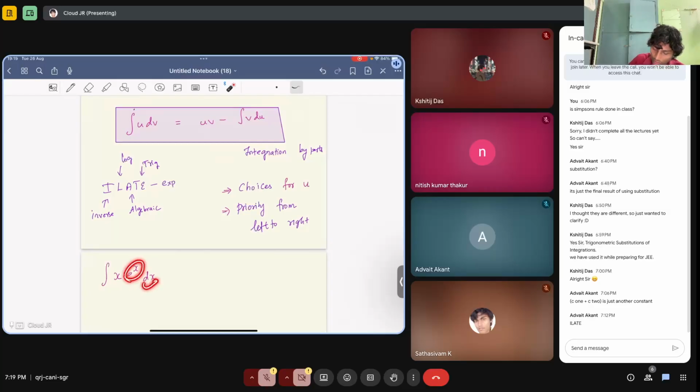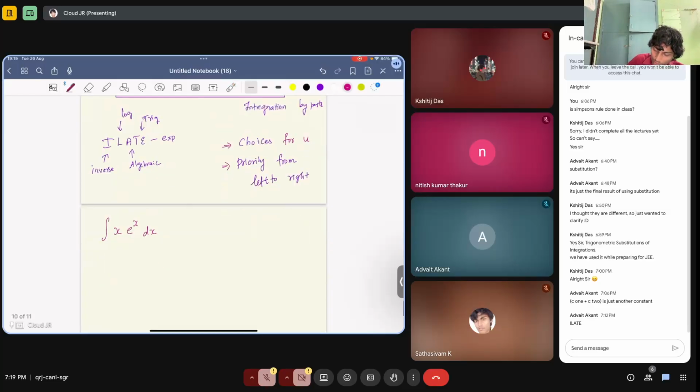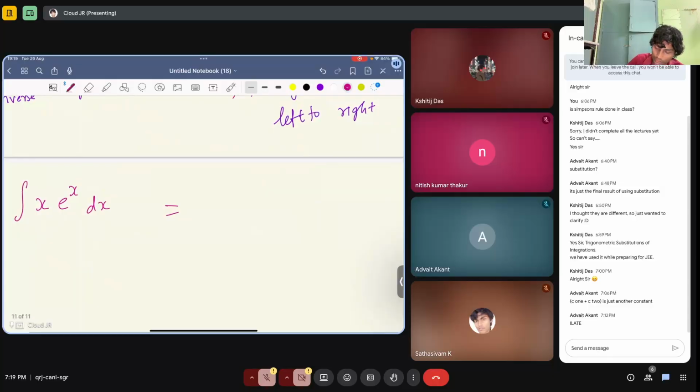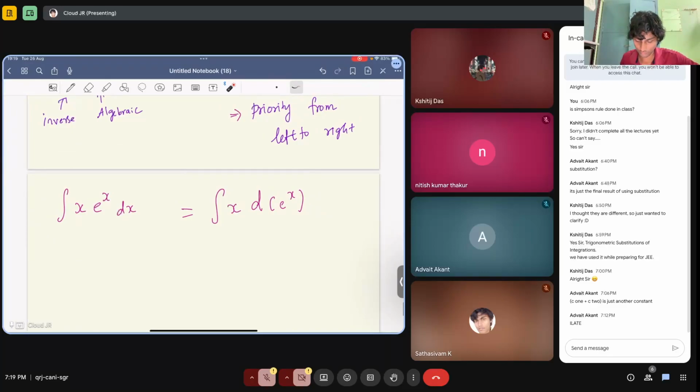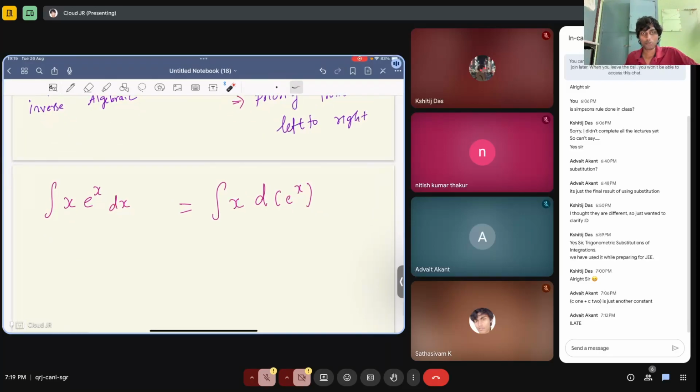You want to take this inside and call it dv. So if you want, you can write it as integral x d of e power x. This is u, and this is dv. So basically, this is what we are going to write.